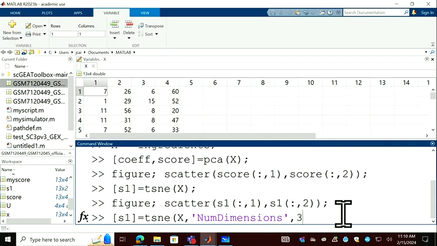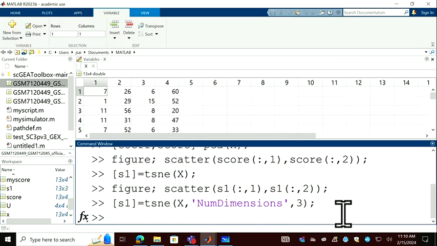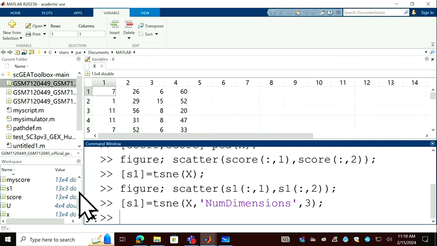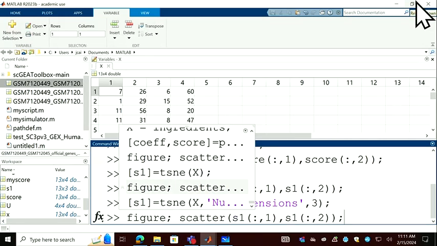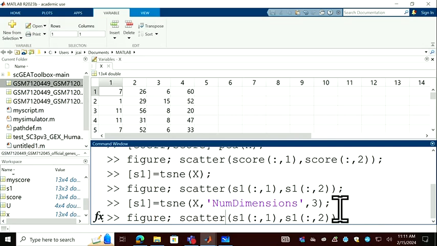See, I want 3 instead of 2D. And this will give you the embedding results. So S1 becomes 13 by 3. So that's a 3-dimensional embedding. You can still use 2D to plot, but you can also have the option to plot 3D.